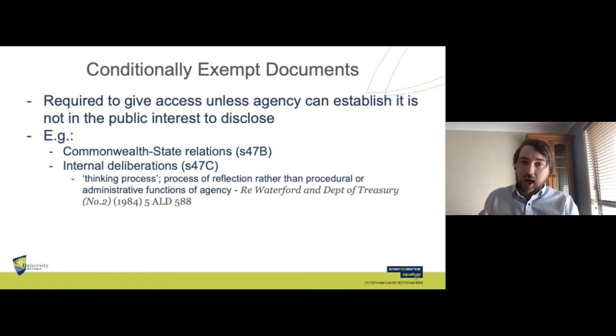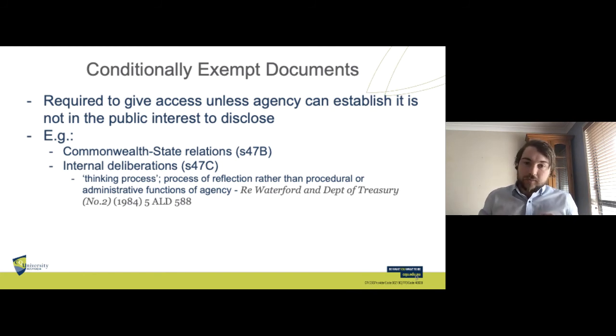It's a little bit like Australia's international relations and why it's important to protect some documents that speak to Australia's relationship with other countries. The relationship between Commonwealth and state governments can itself be a fragile thing at times too.